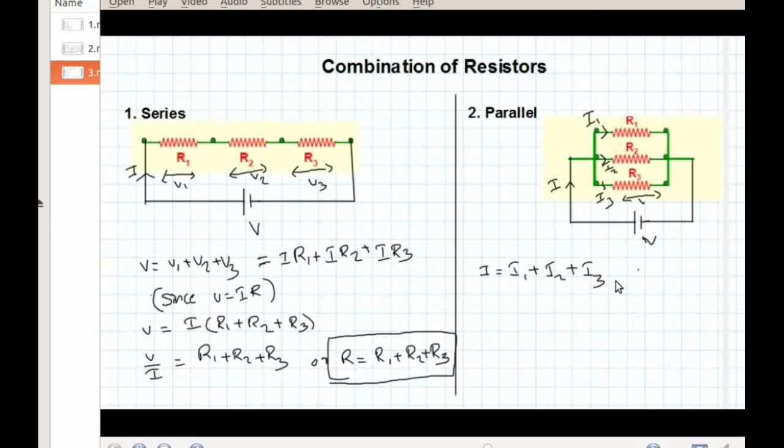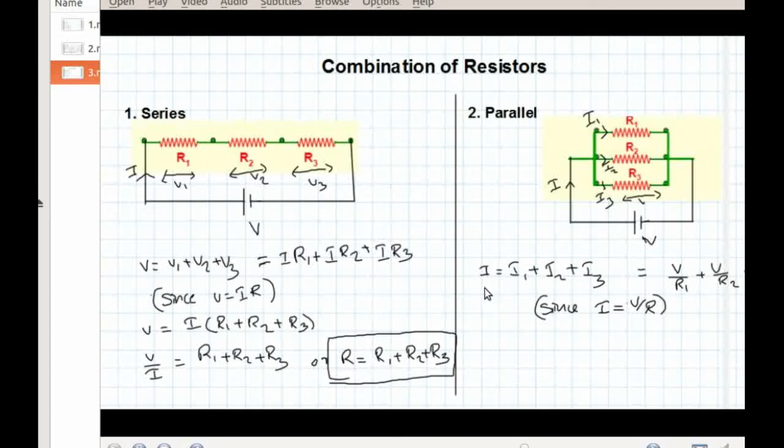And what is I? From Ohm's law I is equal to V by R. So for I1 it is V by R1, for I2 it is V by R2, for I3 it is V by R3. Therefore it is V by R1 plus V by R2 plus V by R3, since I is equal to V by R from Ohm's law.